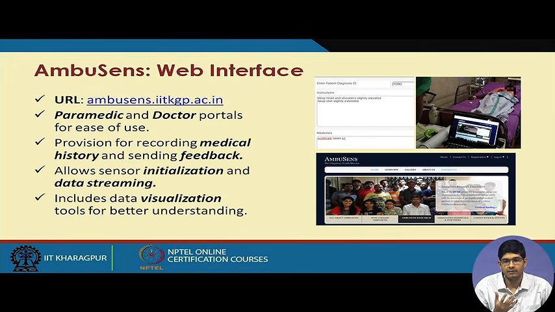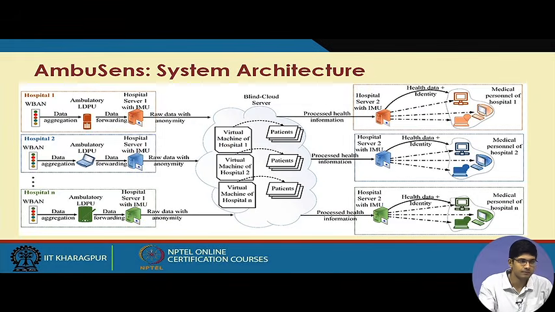We have developed a feedback system, so that doctors can give their feedback and their skilled expertise to the paramedics who are traveling in the ambulance. Also, it includes advanced data visualization and graphing tools for better understanding of the data. It also helps in spotting patterns and trends in the real live data streams that are coming.